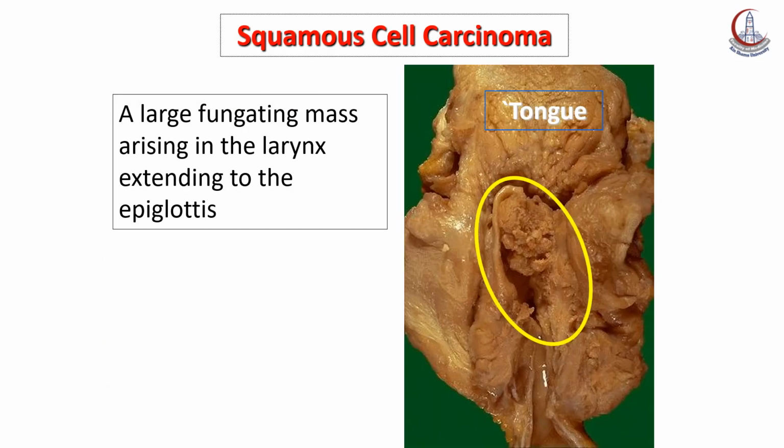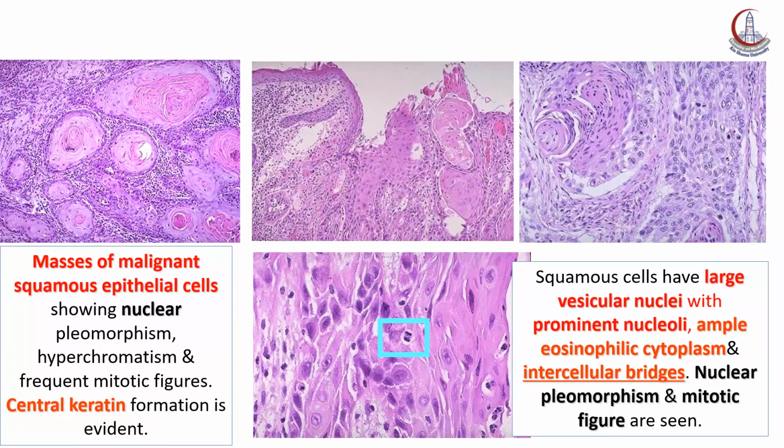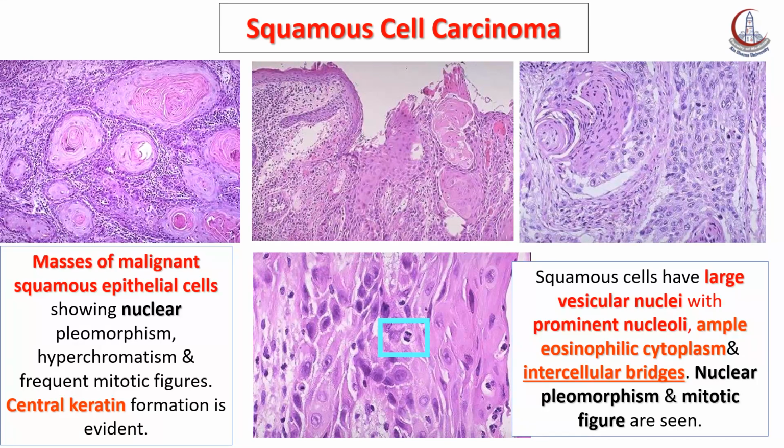This is another example of squamous cell carcinoma of the larynx infiltrating the epiglottis. The microscopic picture is like other squamous cell carcinomas in the body. This is a low power view showing the normal squamous epithelium, and this is the ulcerated part lined by malignant squamous cells.